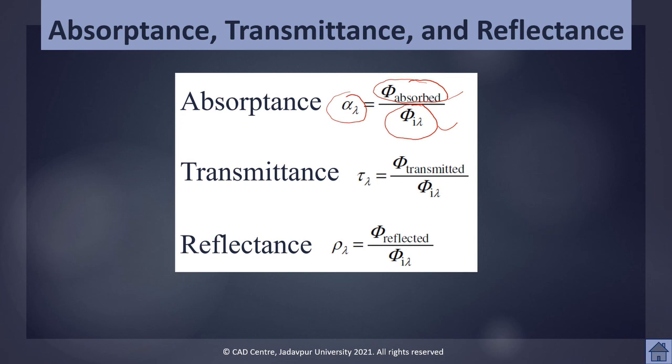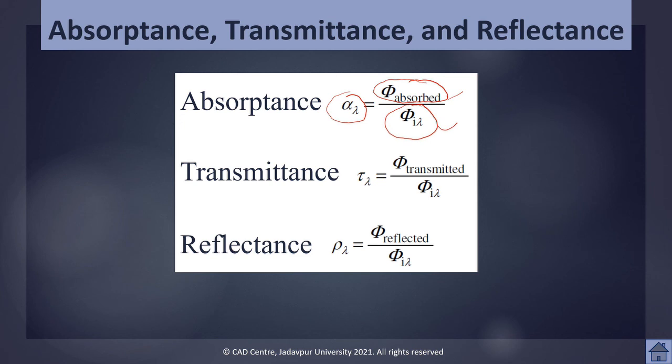Hemispherical transmittance is the ratio of energy that is transmitted through the surface in a specific wavelength and the radiant flux incident to the terrain. Similarly, hemispherical reflectance is the ratio of energy that is reflected by the surface in a specific wavelength and radiant flux incident to the terrain.